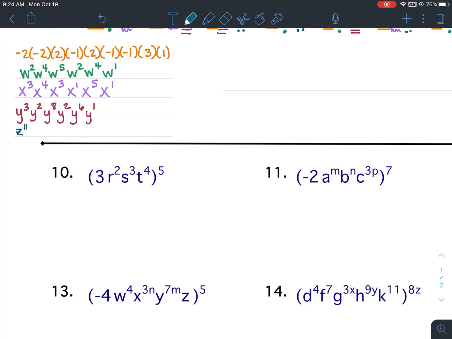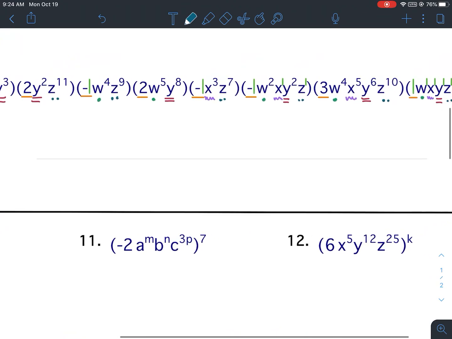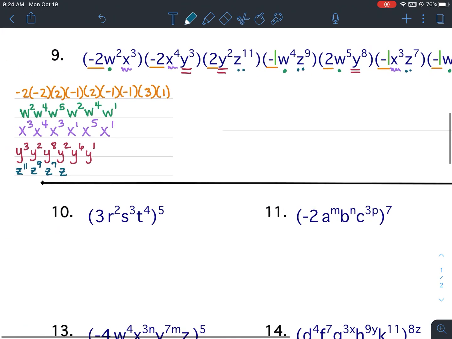So Z to the 11th, Z to the 9th, Z to the 7th, Z to the 1st, Z to the 10th, and Z to the 1st.